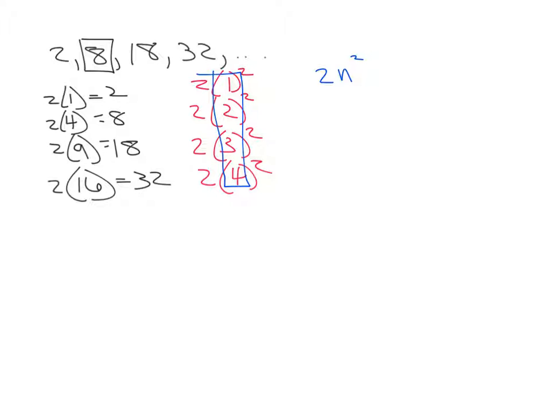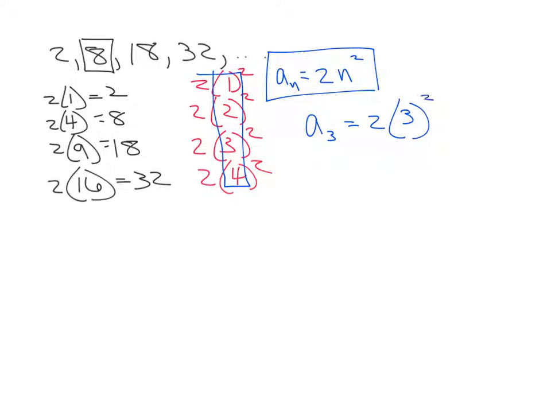Okay? So that is actually my formula right there. So when I take my third number, I should get 18: 3 squared times 2. And my third number is 18, so that works.